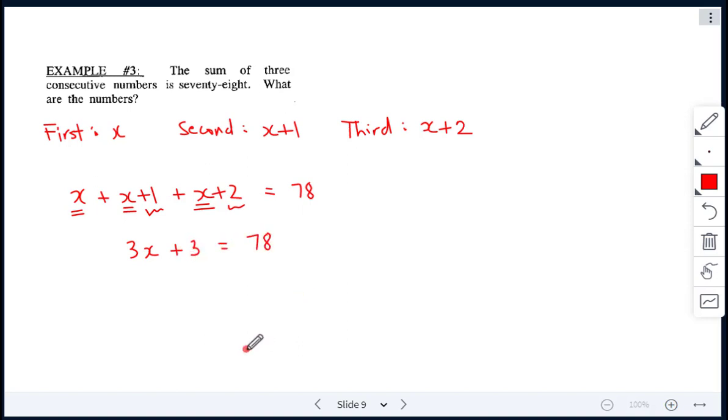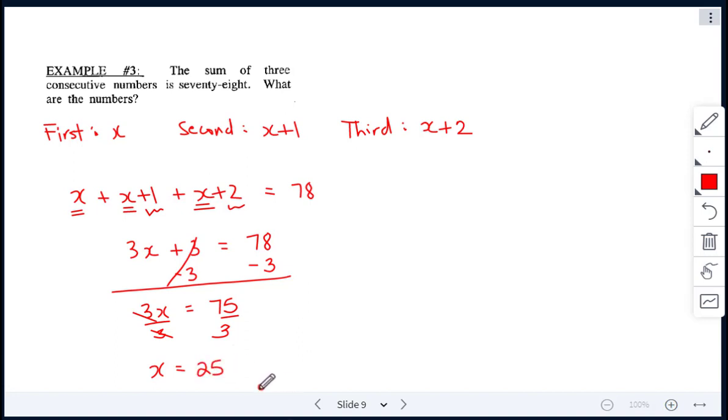All right, type 2 equation again. So we'll subtract 3. And we end up with 3x is equal to 75. All right, so now we divide by 3, and we get x is equal to 25.